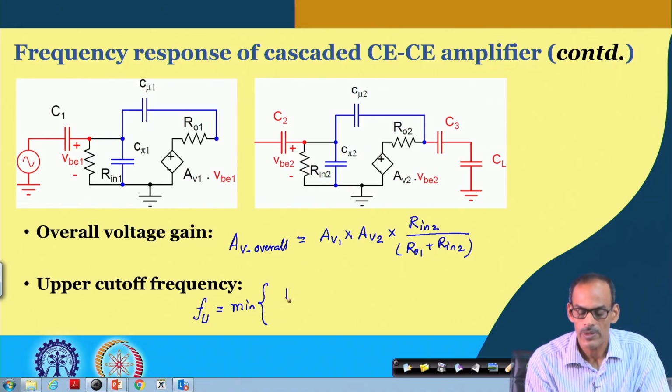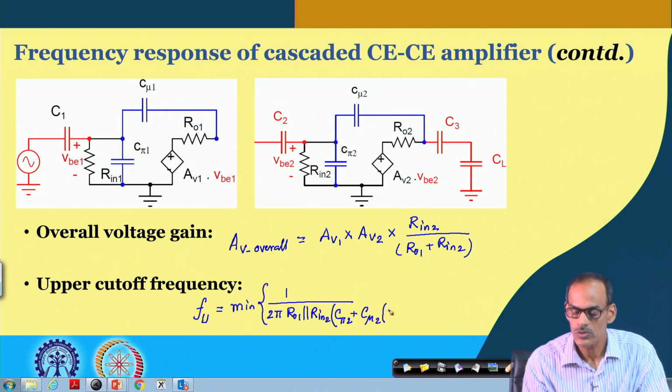That is 1 by 2 pi, RO1 in parallel with Rin2, multiplied by C pi2 plus C mu2 into 1 plus AV1. So, this is the Miller-affected capacitance coming to the input, and C pi2, as I said, is as it is.